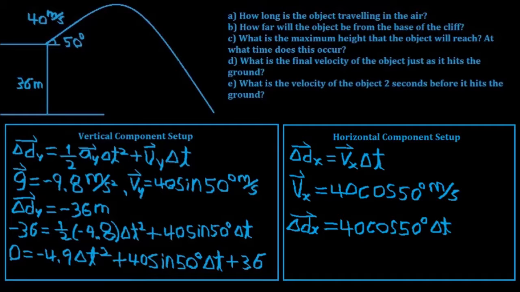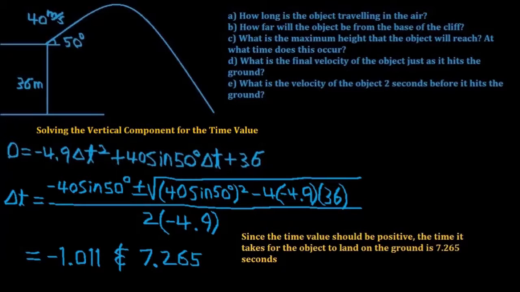Now, in order to get time, you have to solve the vertical component for the time value, and we know that it's a quadratic equation, so we just use the quadratic formula.